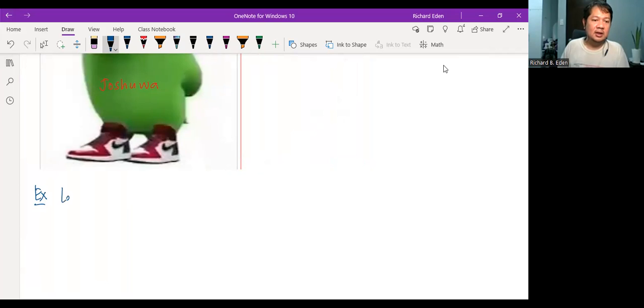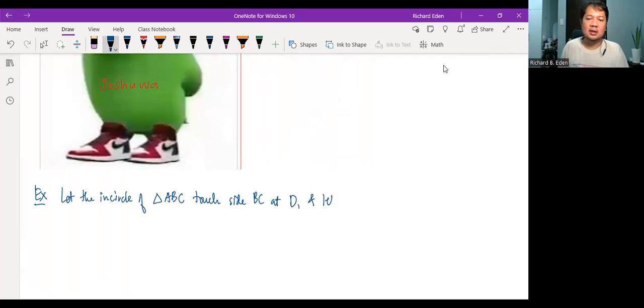So, let the incircle of triangle ABC touch side BC at D, and let DJ be a diameter of the incircle. (I first wrote H, but that might be mistaken for the orthocenter.)